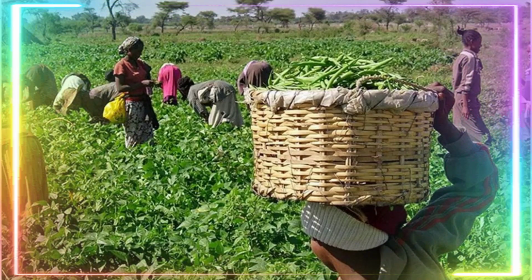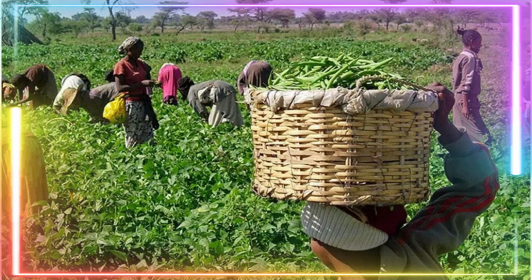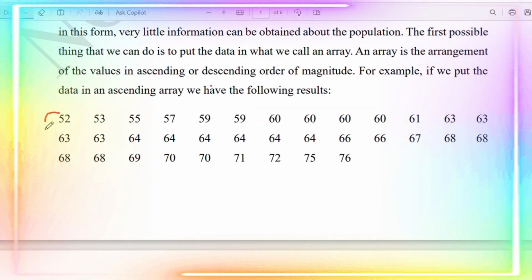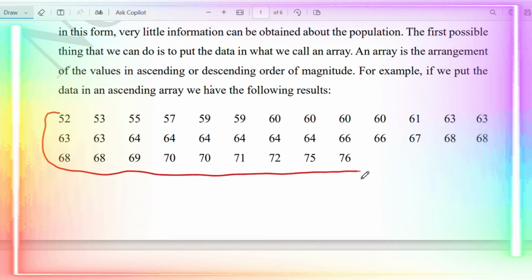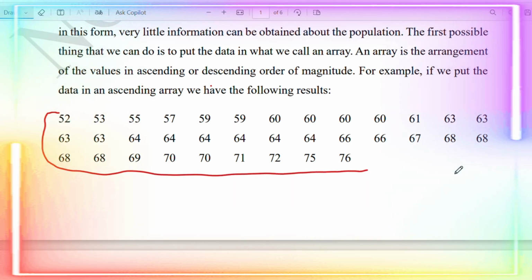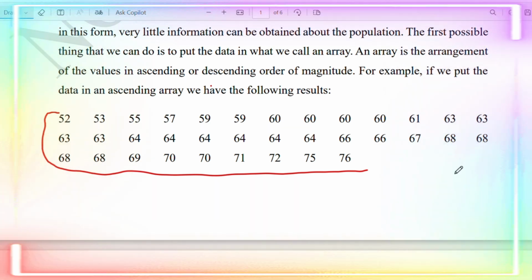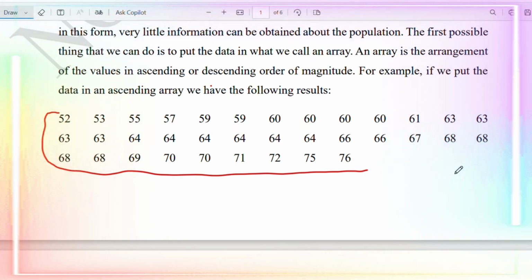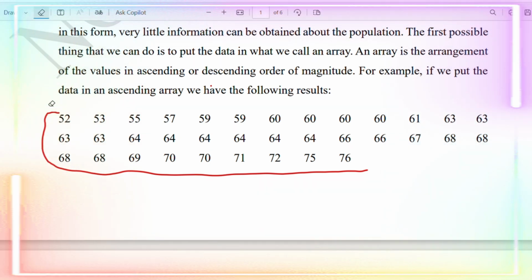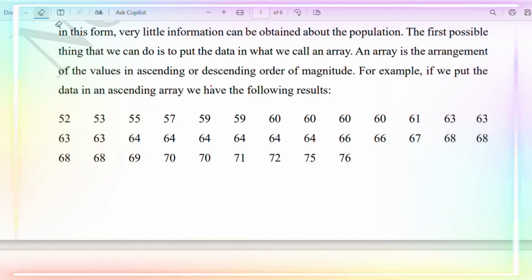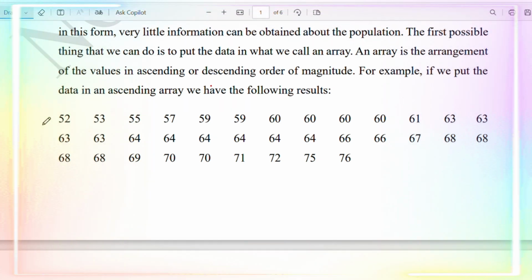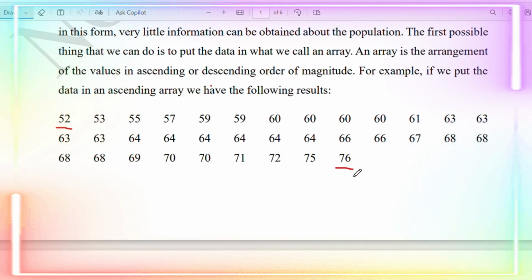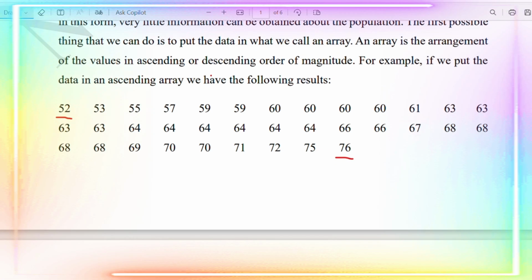You will see that we have the observations arranged from the lowest value to the highest value. That is 52 here is the smallest observation, 76 is the highest observation. So from this we can tell which observation is the least and which one is the highest. So we have the value 52 kg as the least and 76 as the highest observation.